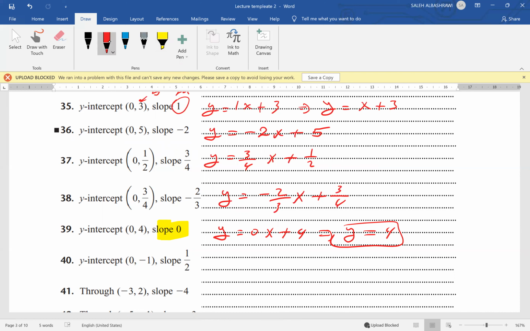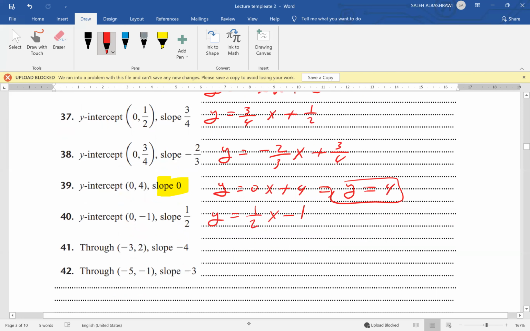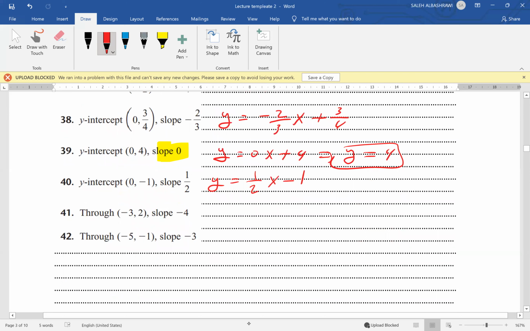Next one, number 40. Given y-intercept (0, -1), slope equal to 1/2. So the equation will be y equal to 1/2 x plus or minus 1, the y-intercept. 41, given slope -2 and through the point.